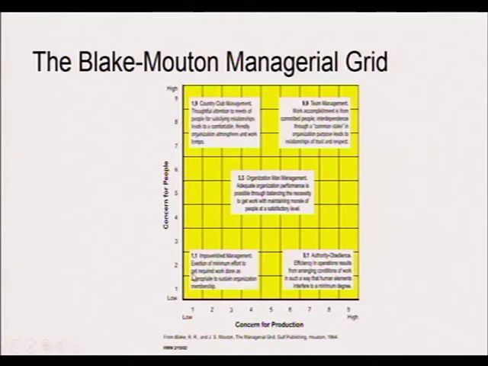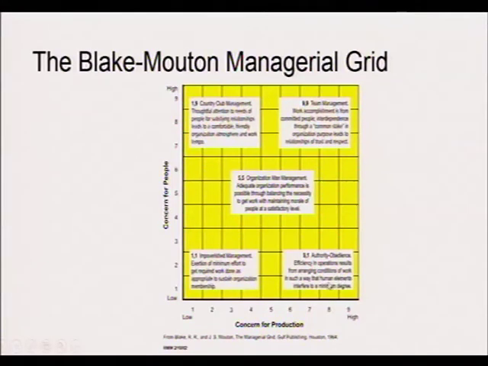When you look at it, this level of management does not have much concern for production, neither does it have much concern for people, as opposed to its opposite coordinate, which is 9.9, team management, which has a high level of concern both for people as well as for production.